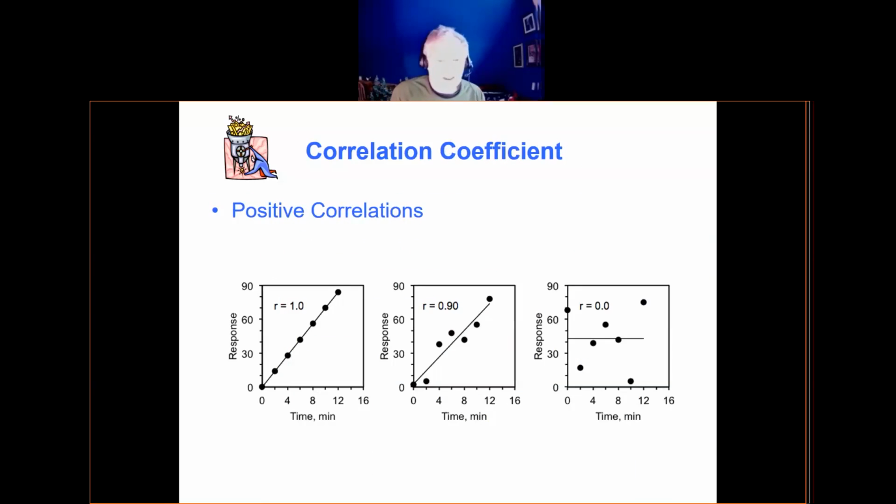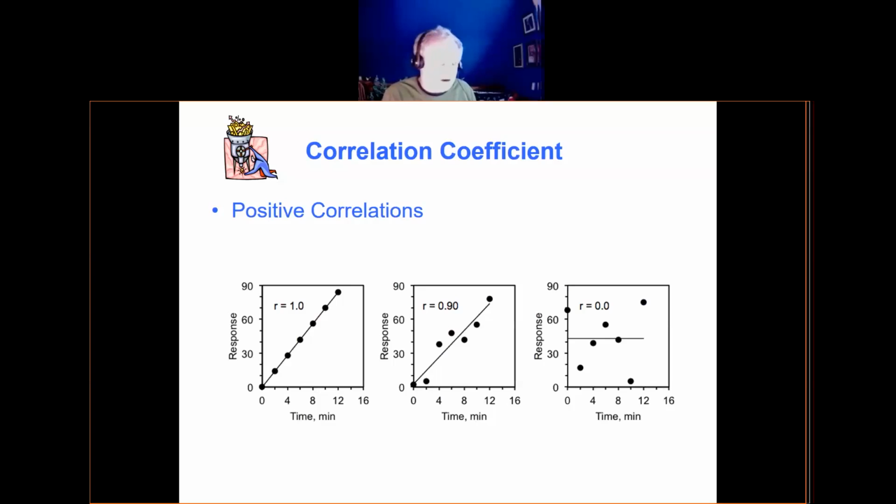So I can have a perfect positive correlation if all the points fit on a line. Let's say my instrument has test-retest reliability, and let's say it's the procrastination scale. I give a group of people the procrastination scale one day, and then a week later, a month later, I give them the procrastination scale again.